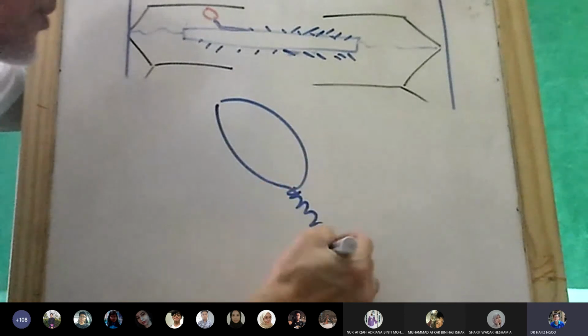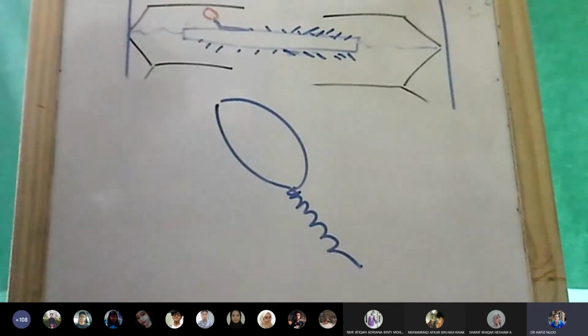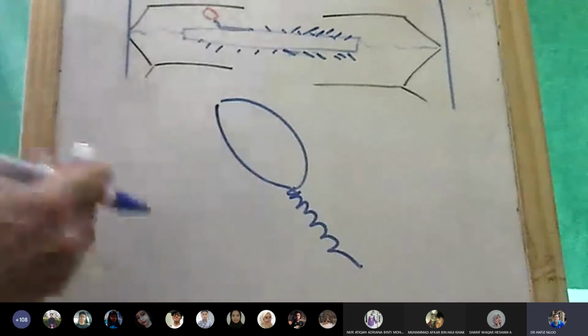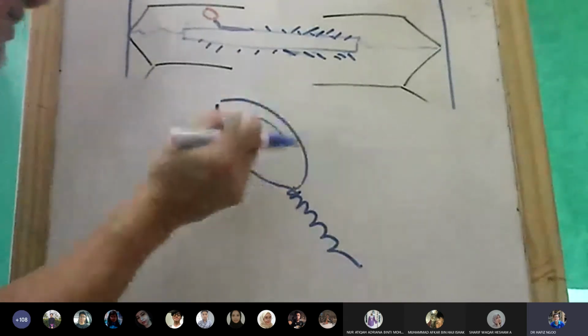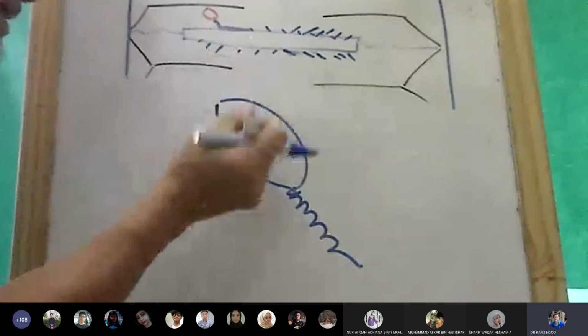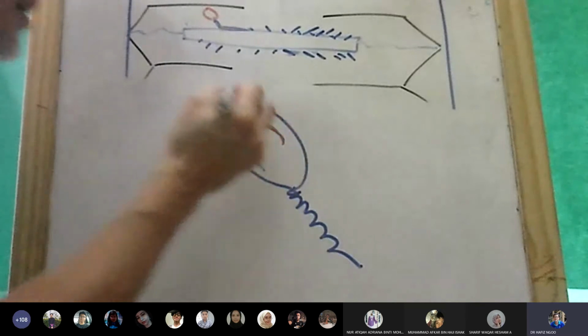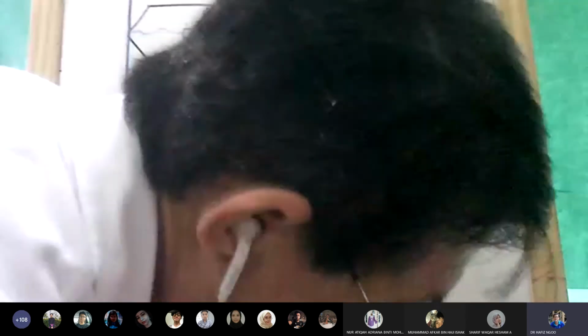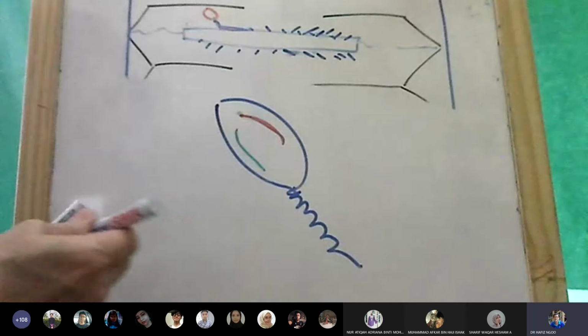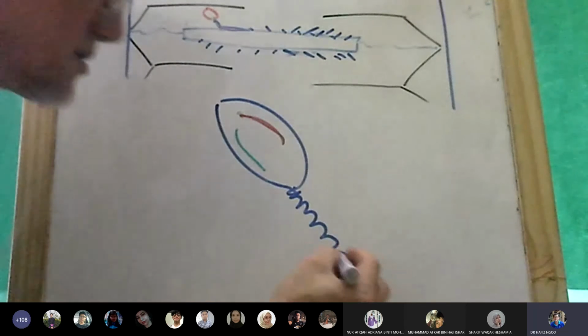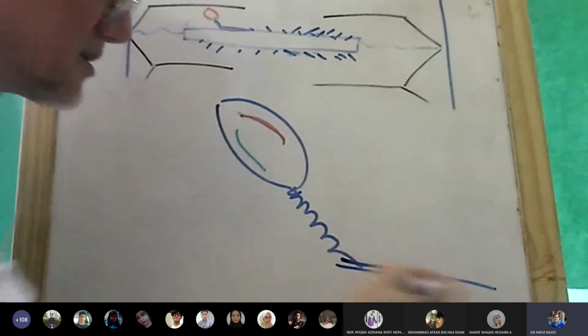There are proteins here, and it has the alkaline chain. This is the ATP chain. That's it, this is the alkaline chain, and you have the ATP chain. This is where it is going through.